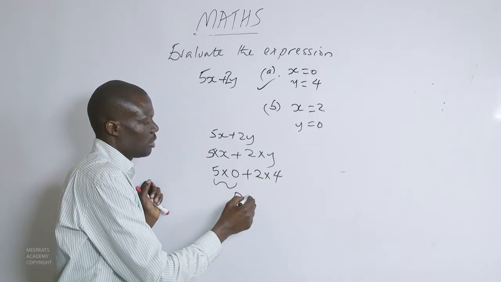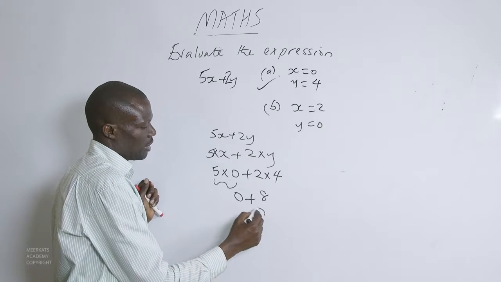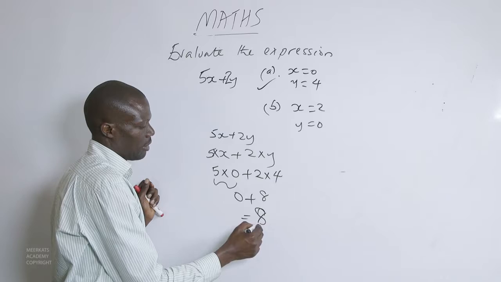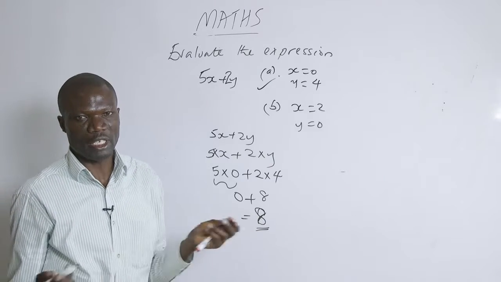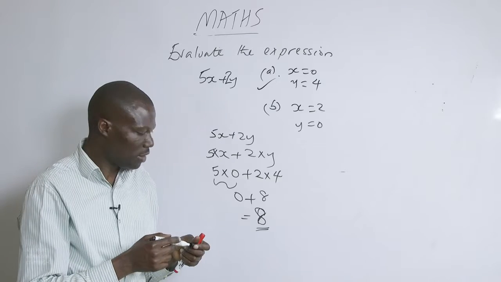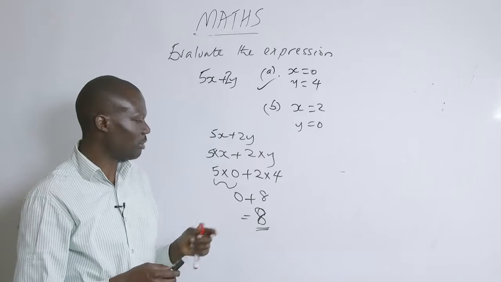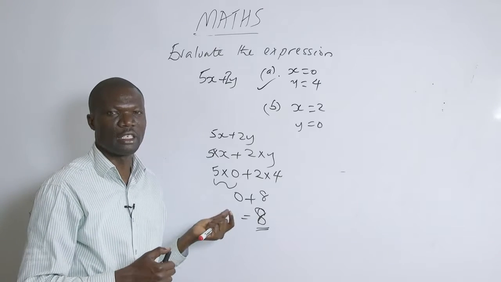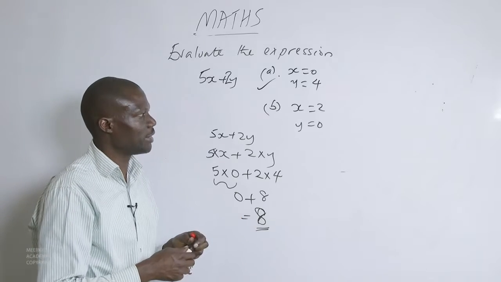So it will be 0 plus 2 times 4, which is 8. This gives us 8. So 0 multiplied by a number is just 0. And when you have a 0 in front, it's insignificant. It will not give us any value. That's why we have 0 plus 8 as 8.